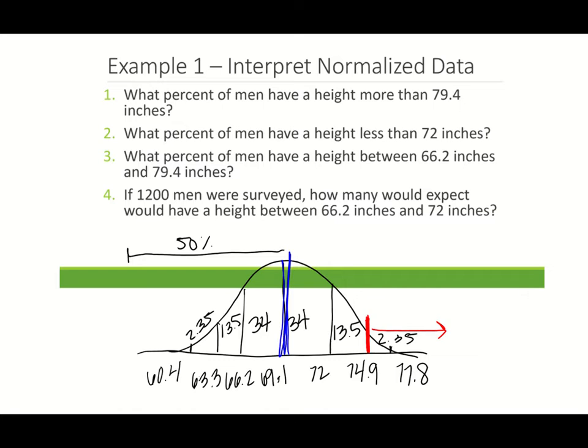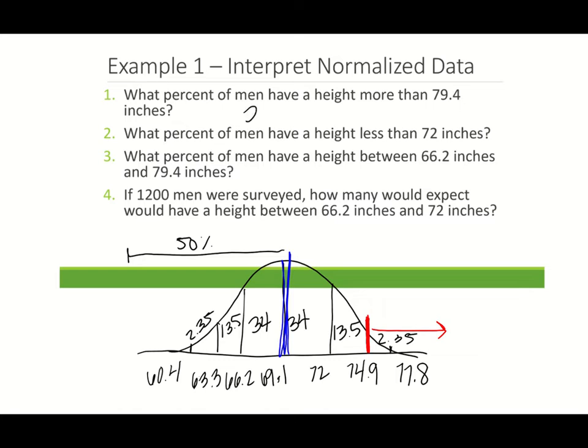So if we add up everything to the left, we add up 50% plus 34% plus 13.5%. We know that 97.5% of the data is to the left of that red line. So how much is to the right? If we take 100 minus 97.5, we get 2.5%.